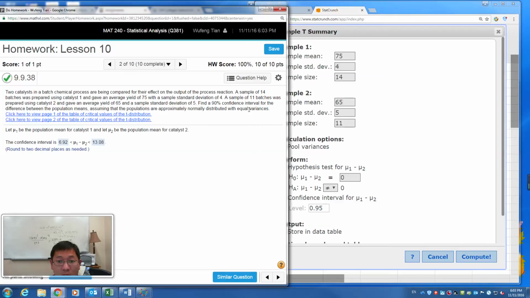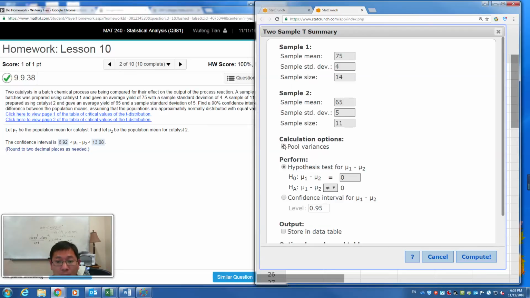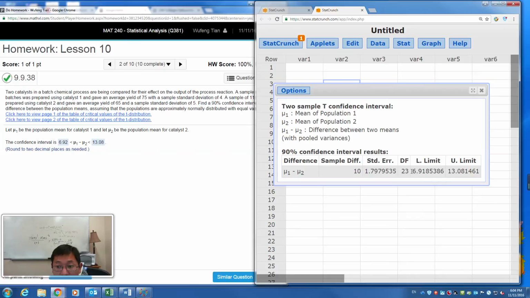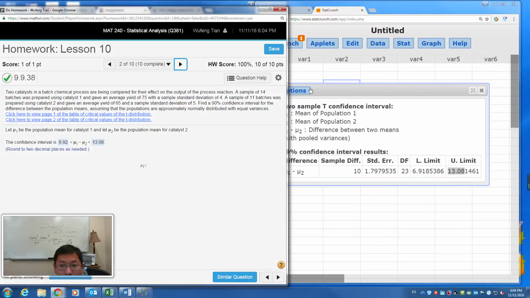And because they have equal variance, we're going to choose pooled variance. Pooled variance means they have exactly the same variance, or are from the same population. So we check pooled variance, and then choose a 90% confidence interval. So we got the lower limit 6.92, upper limit 13.08.